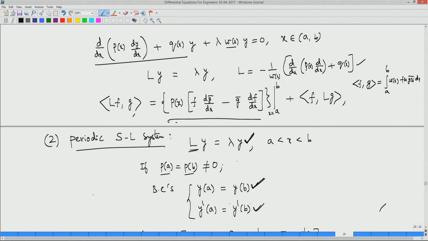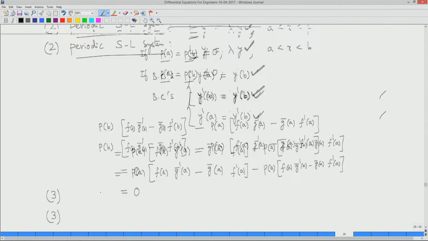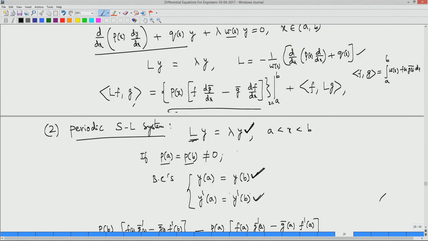You can see that there is a possibility for certain equations that both P of A and P of B are 0. So, in such a case, P of A is 0, P of B is 0 or one of them is 0, and for this quantity, when can you say that 0 into something is 0?